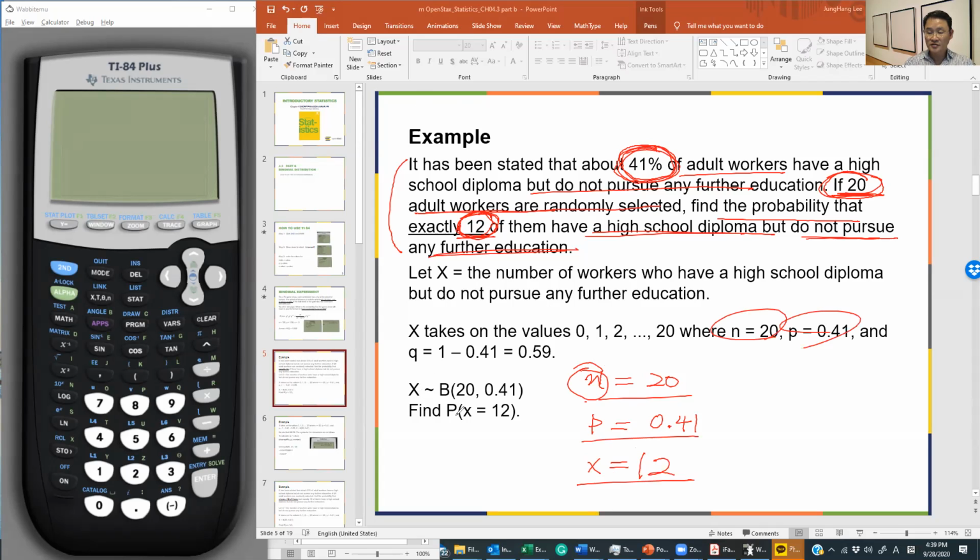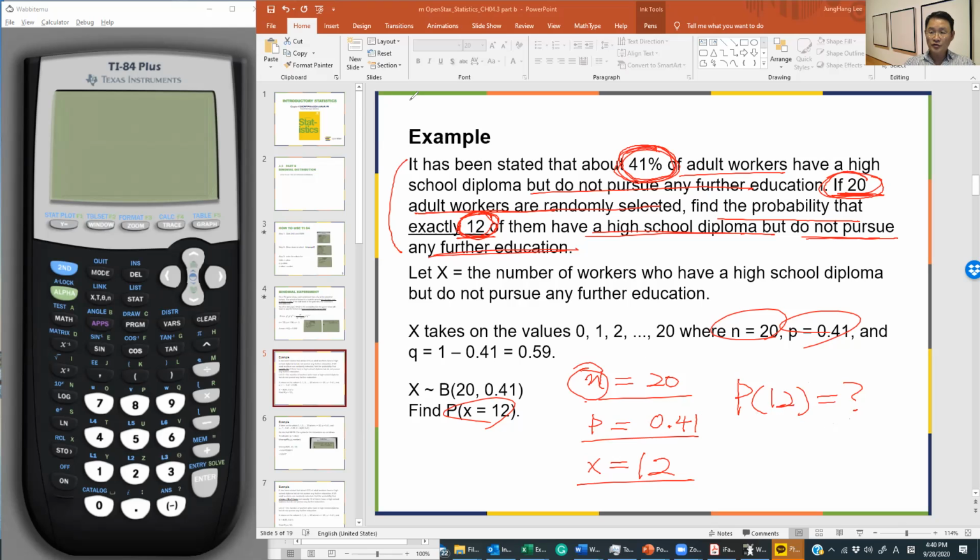So we want the binomial probability that the x value is equal to 12.